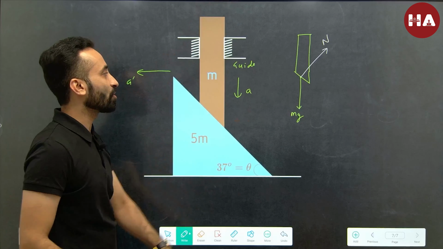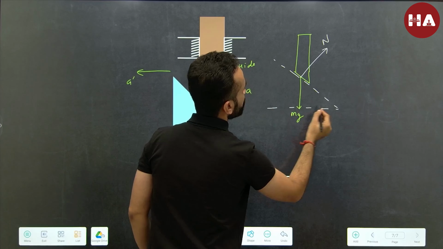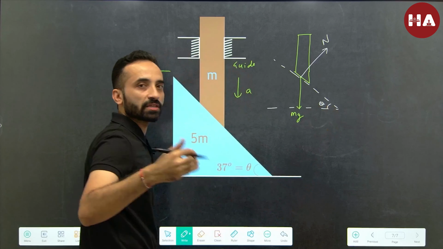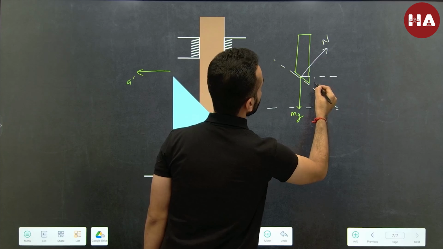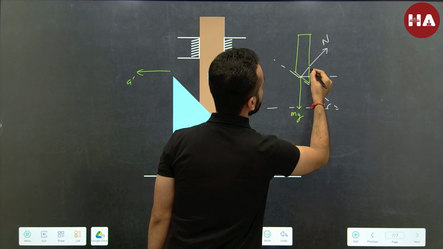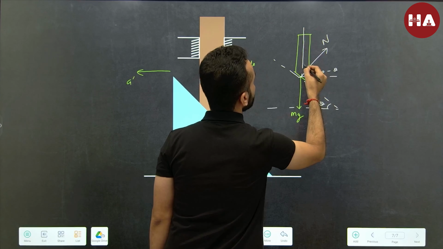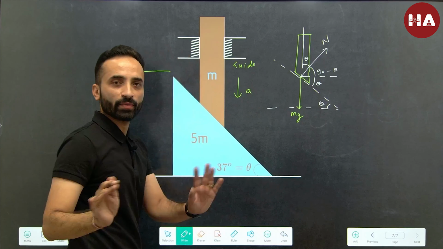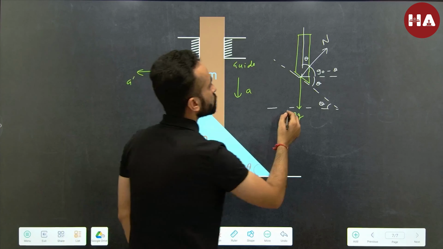So it is acting normal to the surface. If I imagine that this angle is theta, which is by the way 37 degrees, then this angle is also theta, then this angle is going to be 90 minus theta, and again this angle is going to be theta. So very quickly I have done the angle part, and now I wish to resolve it.